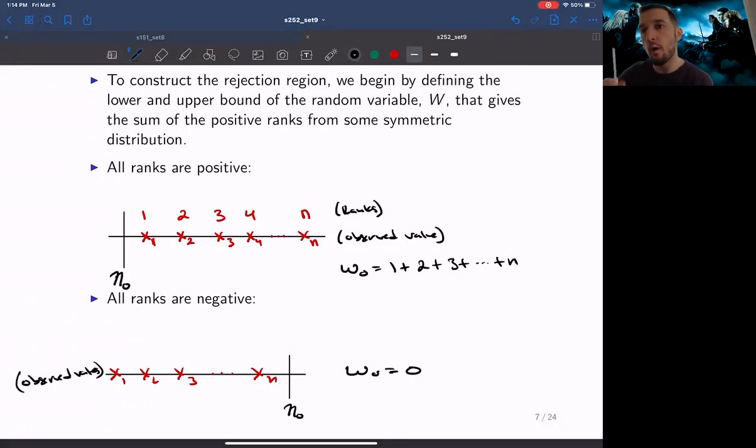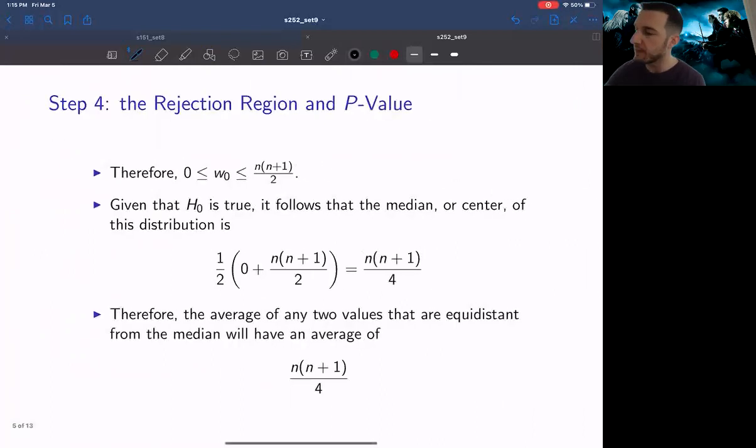Okay, so what we have just established is that the distribution of the test statistic, the smallest value it can take on is 0, and the largest value it can take on is 1 plus 2 plus 3 plus 4 plus 5 all the way up to plus n. So then we can write that the test statistic is bounded between 0 and this quantity, n times n plus 1 over 2.